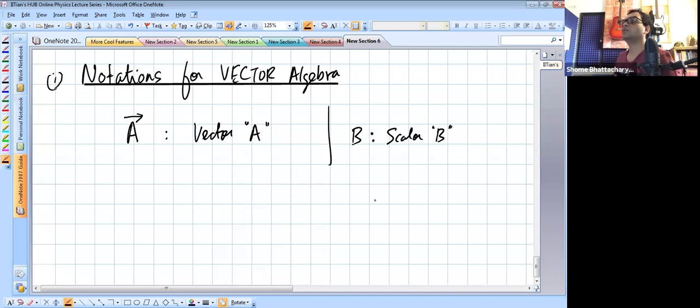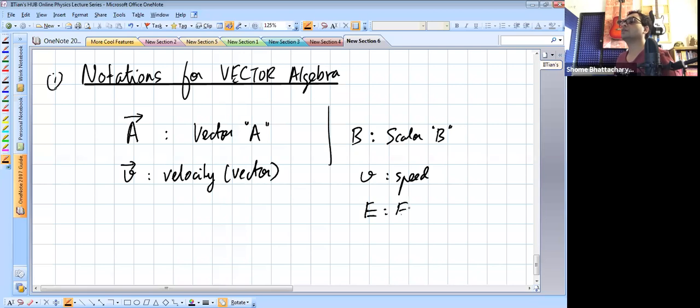So if we are talking about speed, for example, we'll write it as v because it's a scalar quantity. But if you're talking about velocity, we'll write it with an arrow on top, because this is a vector quantity. If you're talking about energy, for example, it's a scalar quantity. But if you're talking about, let us say, force, from now on force is a vector quantity.